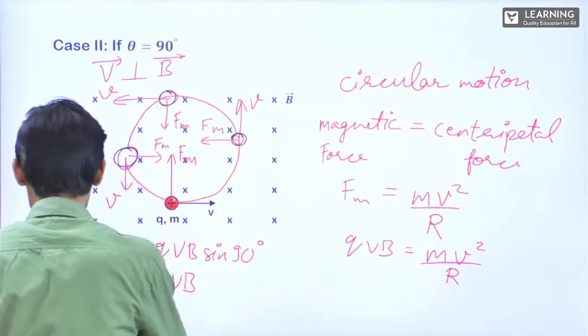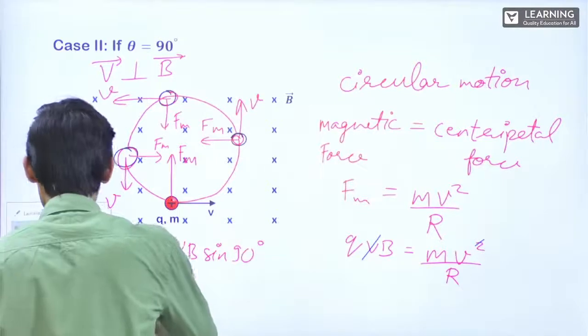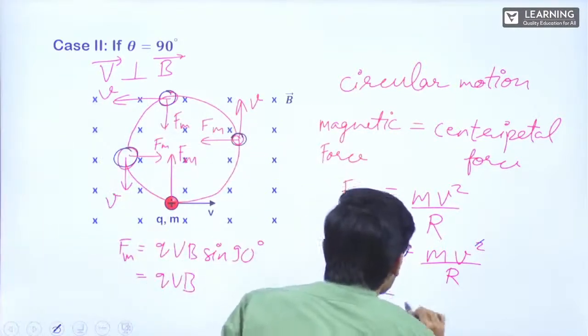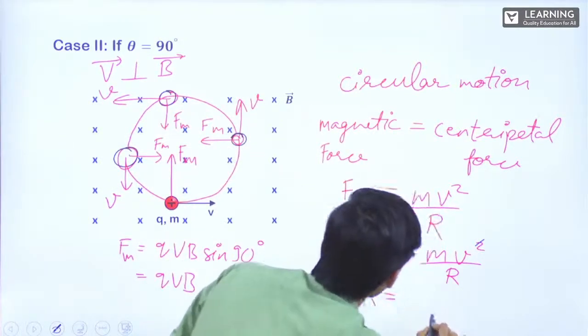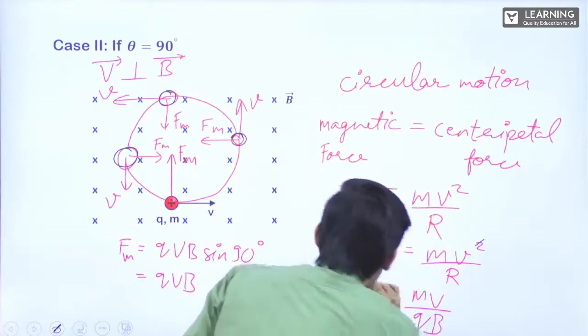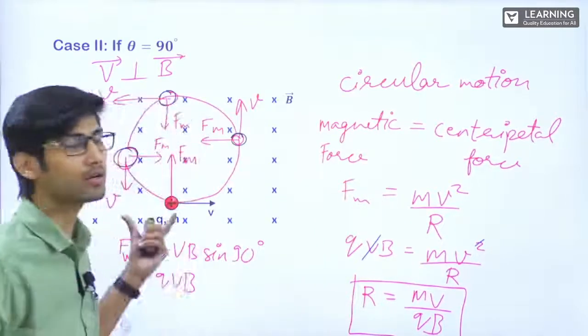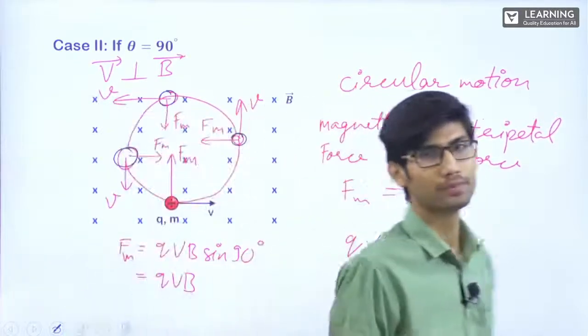V and V will be cancelled. One v and here one v will be cancelled. R is equal to mv upon qB. The particle will do circular motion and the radius of that circle will be mv upon qB.